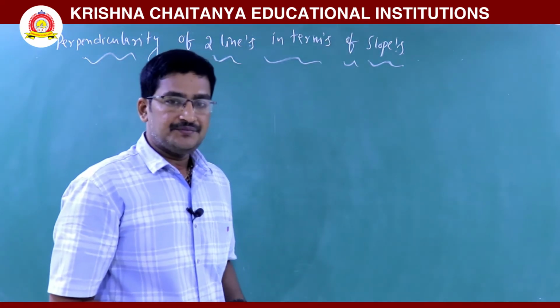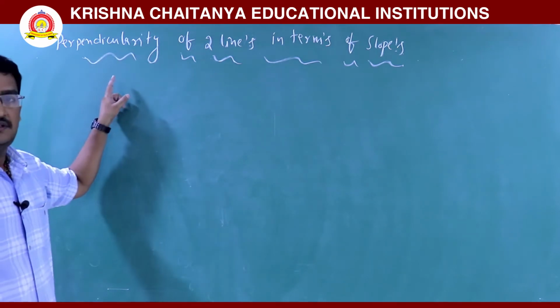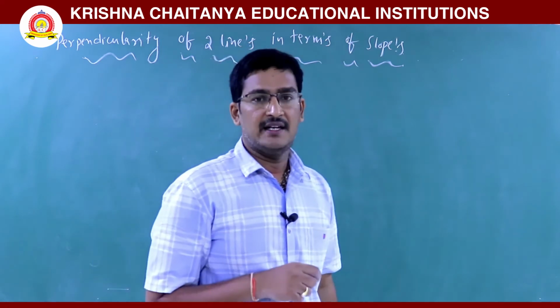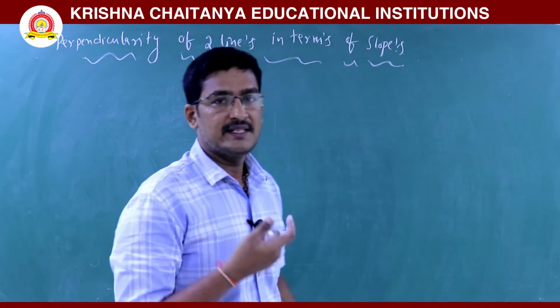So here I am taking two lines which are perpendicular. Let m1 be the slope of one line and m2 be the slope of the second line. Those two are perpendicular. Then we have to prove one condition here.